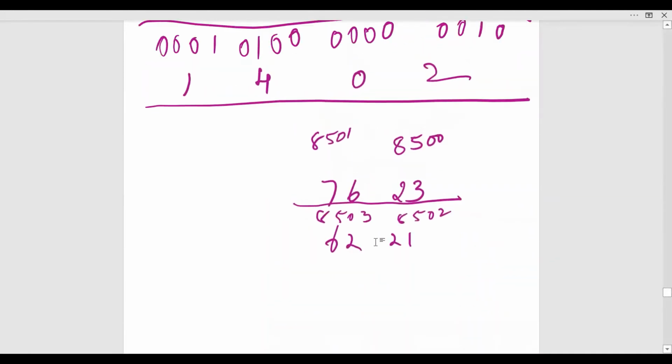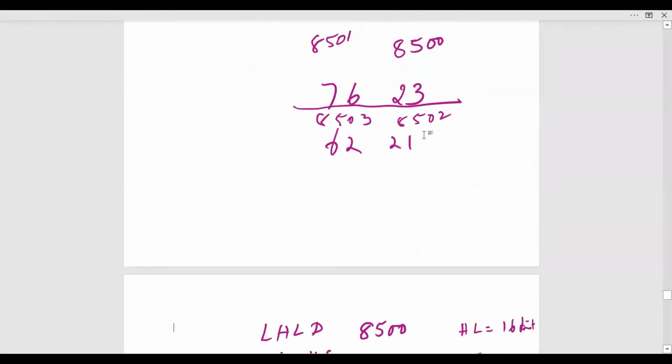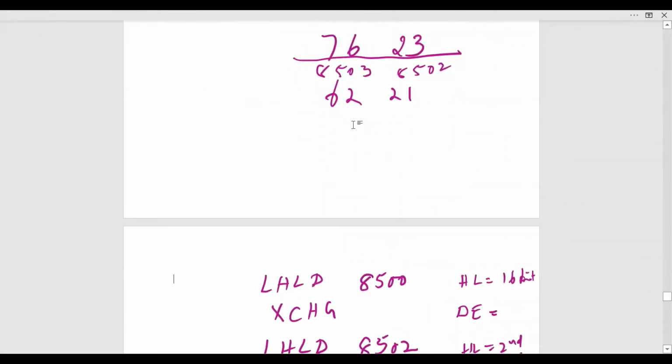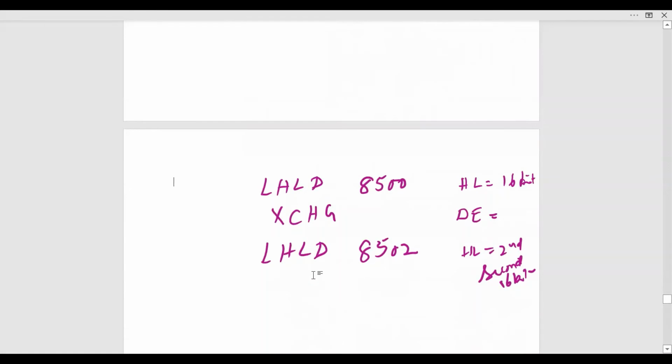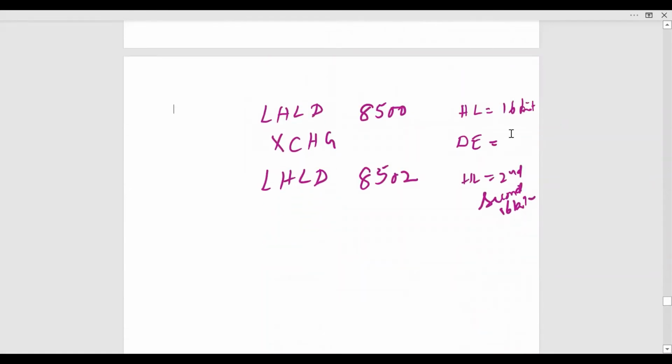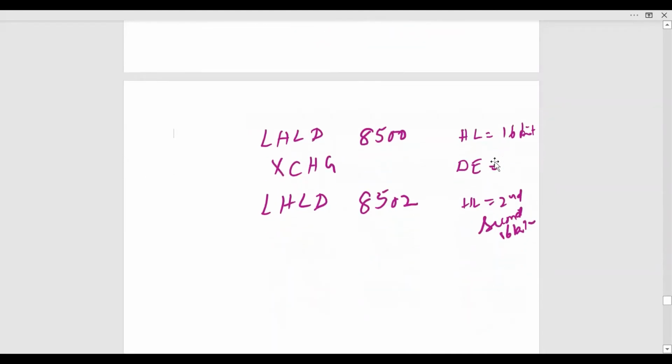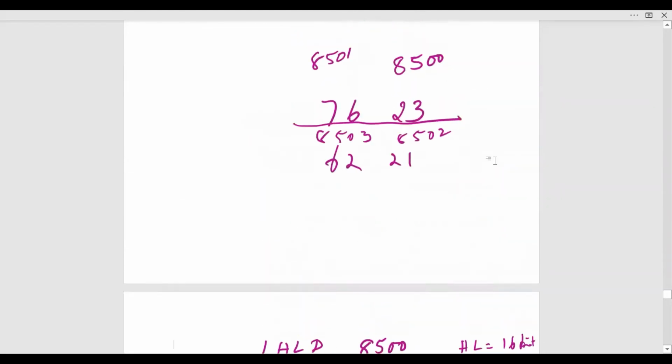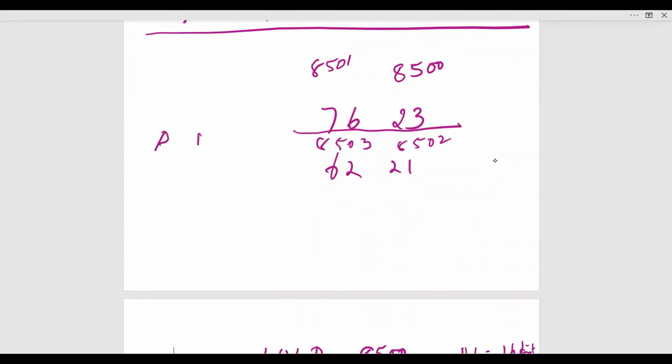That is 62 and 21. 21 will be stored in L and 62 will be in the H register. Now, DE consists of the first 16-bit number, that is 7623. So I'll just write here: DE consists of now 7623 and HL consists of 62 and 21.